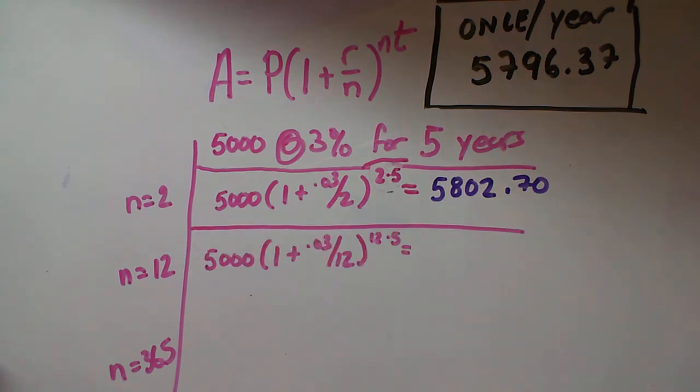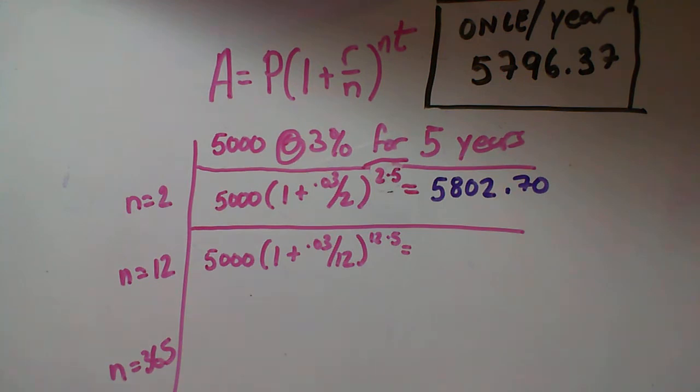So we're going to have that same $5,000. We have 0.03 again, but this time we are going to get that divided by 12. So in the 1-year period, each year you're going to have 12 different times where you collect a little bit of interest. And notice, over a 5-year period, we're going to have 12 times 5.